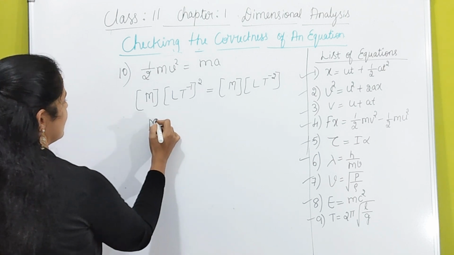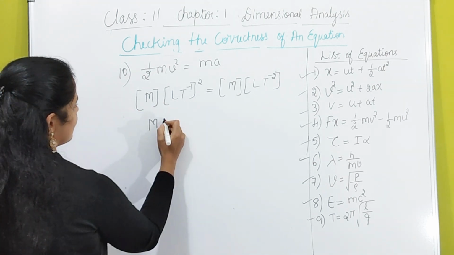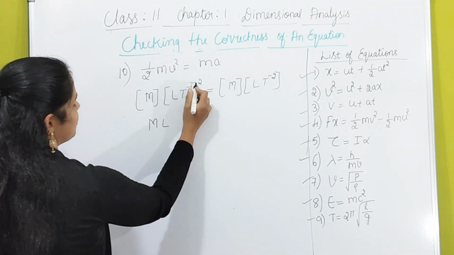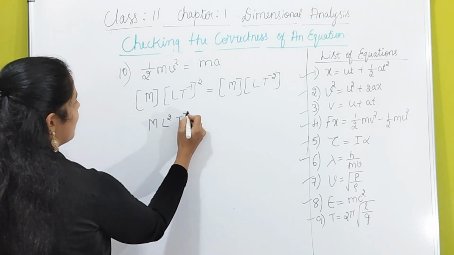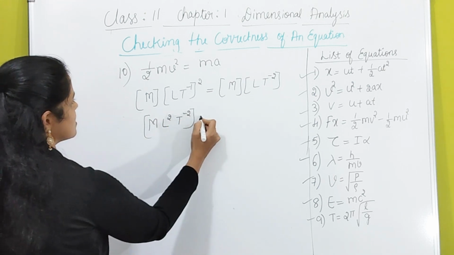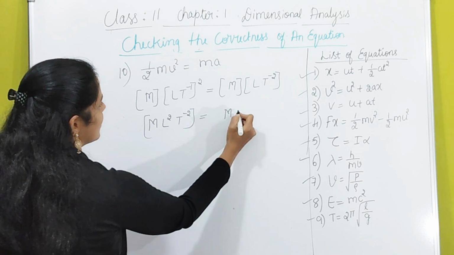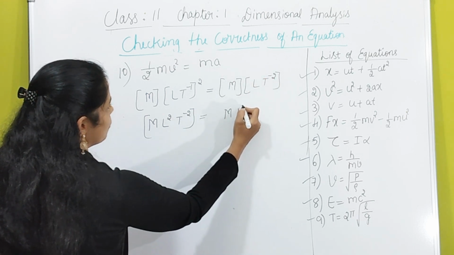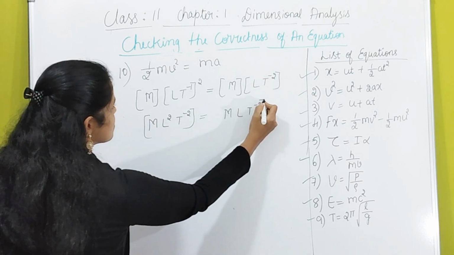So M, L to the power 1 into 2 is 2, T minus 2. Similarly here, M, L to the power 1 only, T to the power minus 2.